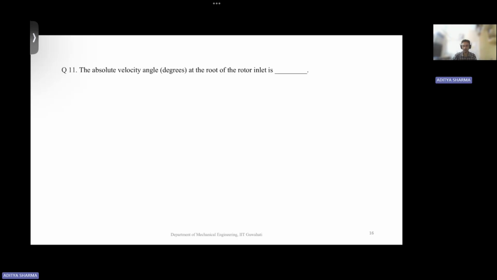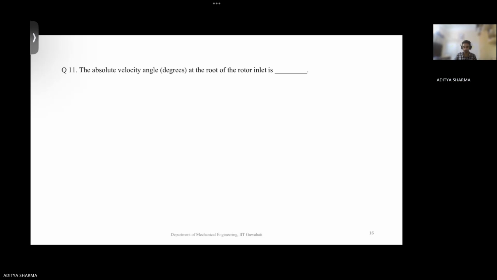Alpha we will calculate. So now for root. Now you see for your mean, the alpha 2 is given 56 degrees, right? But then at the root, if you see, alpha 2 will be different. So using free vortex condition, you need to find this. What will be your alpha 2? Or fluid angle, sometimes we say.